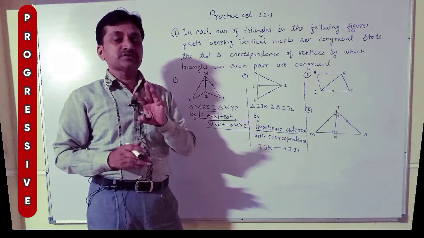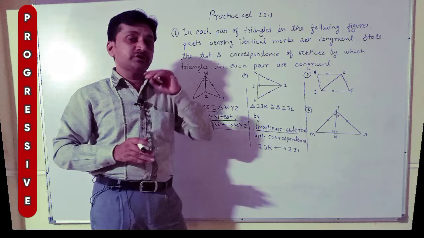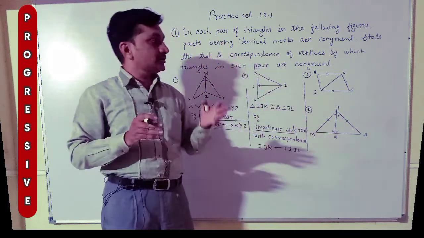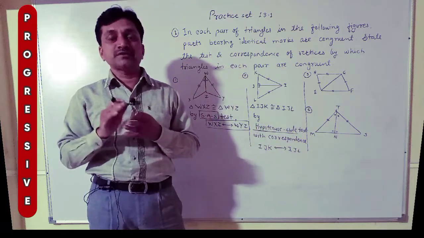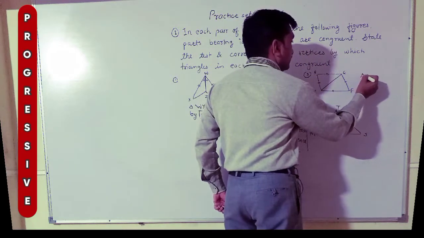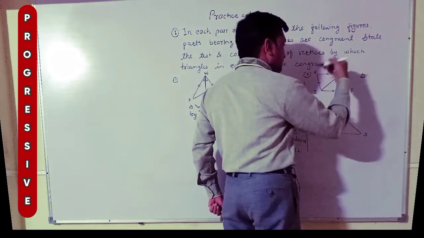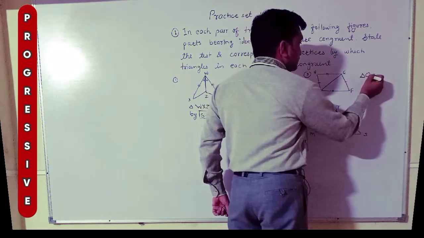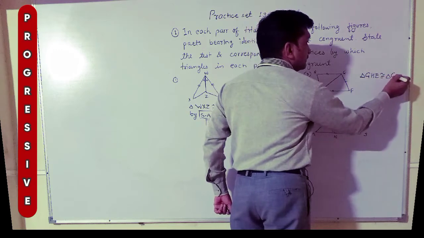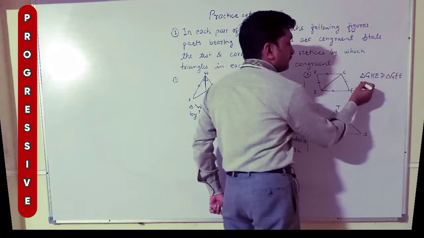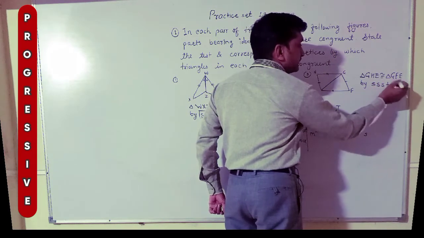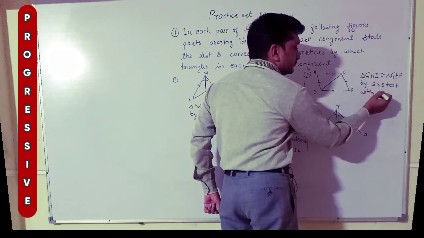If three corresponding sides of one triangle are congruent with three corresponding sides of the other, then these two triangles are congruent by SSS test. Then how to write here? Triangle GHE, any way you write, GHE congruent with triangle GFE by SSS test with correspondence.